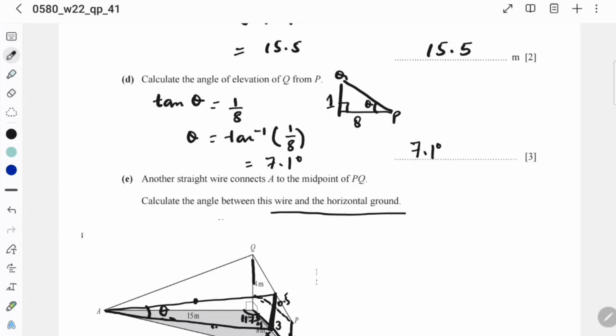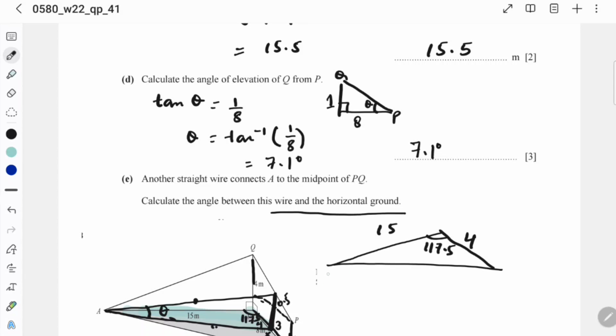I'm drawing the diagram here to calculate the value. Now look in front. I'm drawing this triangle right now. So that is 15 here, and that is 4 here because it is half of 8, and this is 117.5.